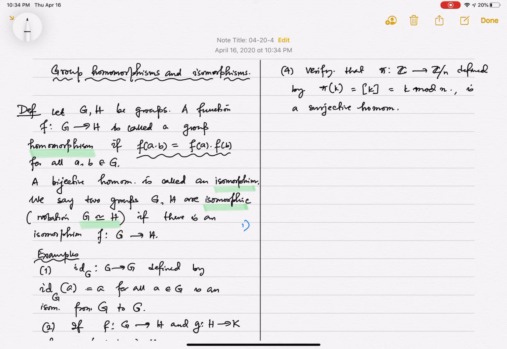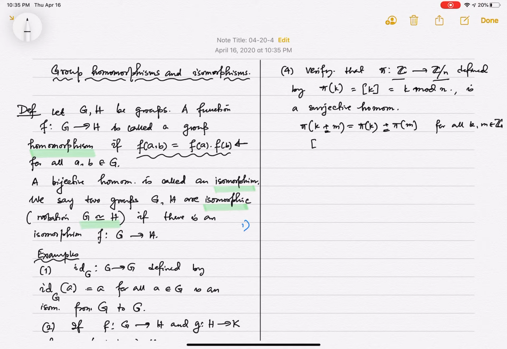What does that say? That just says that pi of k plus m is pi of k plus pi of m for all k, m in Z. Right? The dot here is denoted by a plus. Both in Z and Z mod n, the group operations are plus. So that's what this equation reads.